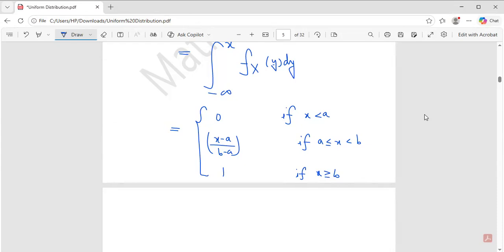You can check it: if x is less than a, f is 0; if x is in this range, the limit will be x; and if it is greater than or equal to b, the integral from a to b gives value 1. So this is the answer.